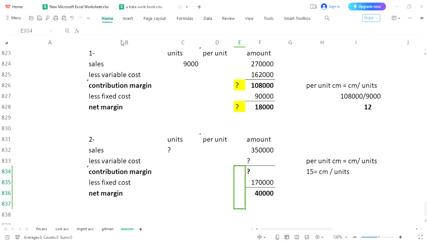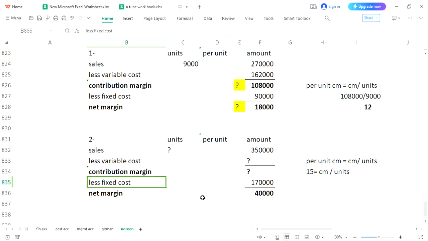Let me clear it first. Okay, the no fill option is not available anyhow. So we will go from downward to upward. When you are going from downward to upward, what you do? You just change the signs. So the first question mark was for contribution margin. So we can do it by going in reverse from downward to upward. Fixed cost is originally subtracted.